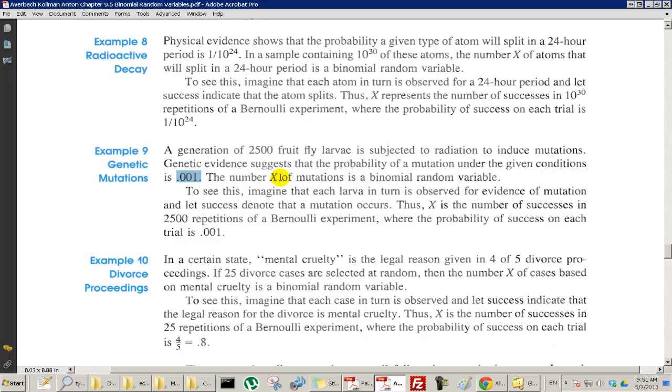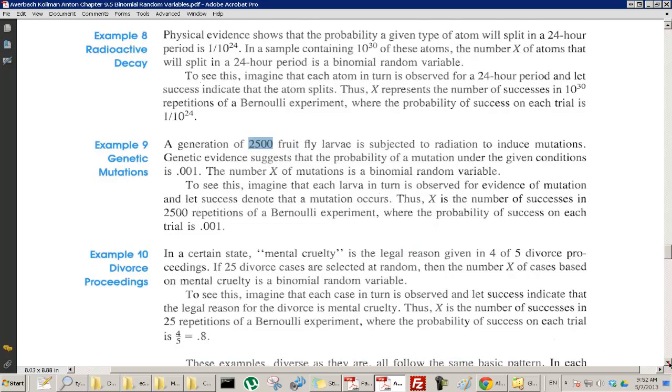The number of mutations X is this type of random variable that we're talking about. It's like tossing a coin 2,500 times and saying what's the probability that you get 10 mutations? What's the probability that you get 100 mutations? What's the probability that you get 155 mutations? And so on. Again, this calculation is very similar.